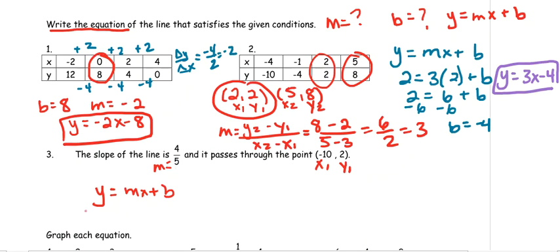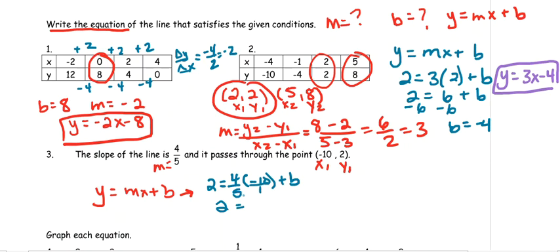So y is 2, so 2 equals... I'm actually going to do it over here so I have more room. Do it in blue. 2 equals, m is 4/5, 4 over 5, x, we don't know, no, we do know, times negative 10 plus b. 2 equals 4 times negative 10, or if you need to put a 1 underneath, put a 1. 4 times negative 10 is negative 40.